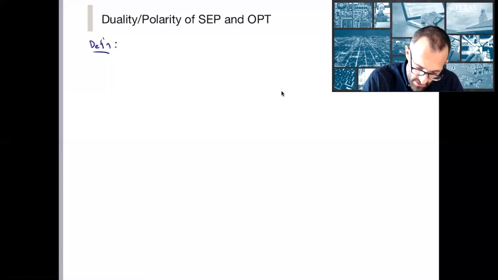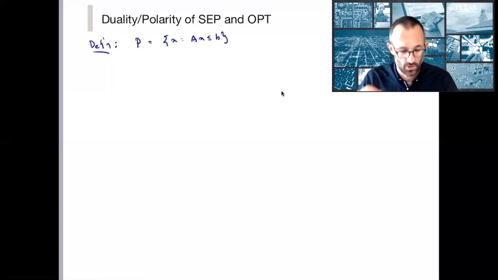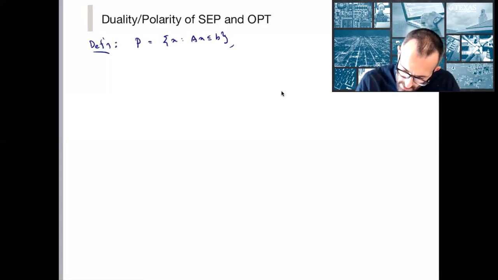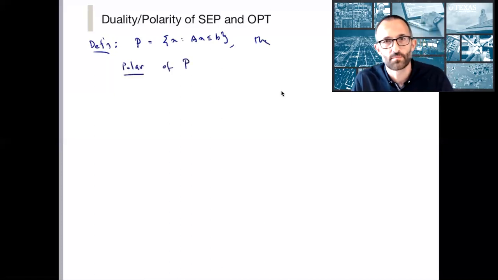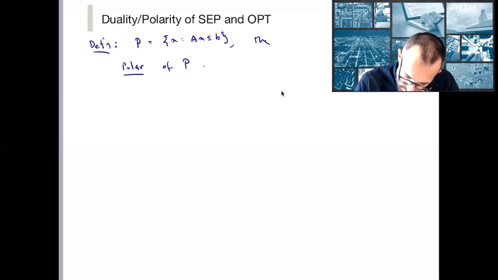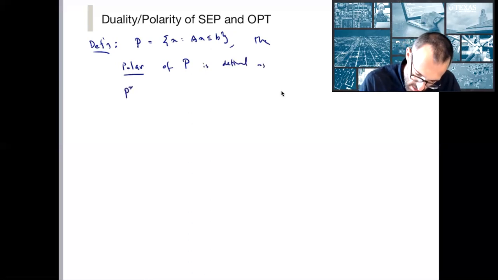So let me make a definition. If P is a polytope, the set of X such that AX is less than B, so it's a polyhedron, I'm actually not assuming it's bounded, then the polar of P, and this is defined very similarly in spirit to polar cones, many of you may have seen that if you've taken a class in convex analysis or convex optimization, is defined as P star.